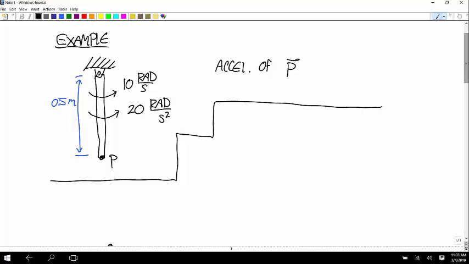So every point on here has that same angular velocity and that same angular acceleration. But when we calculate the translational quantities associated with that, those are going to be different for each one of those points. And if we calculated them for the point right at the hinge, the velocity and acceleration at that point would both be zero. That's not moving at all.